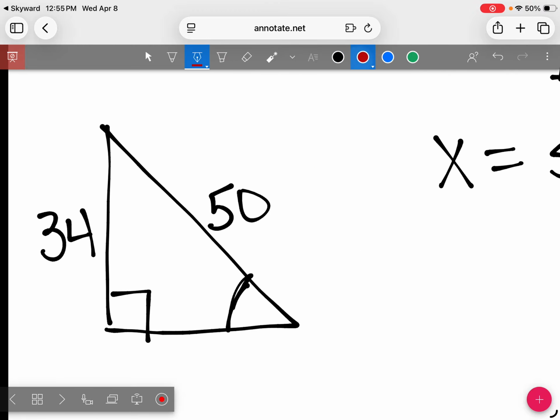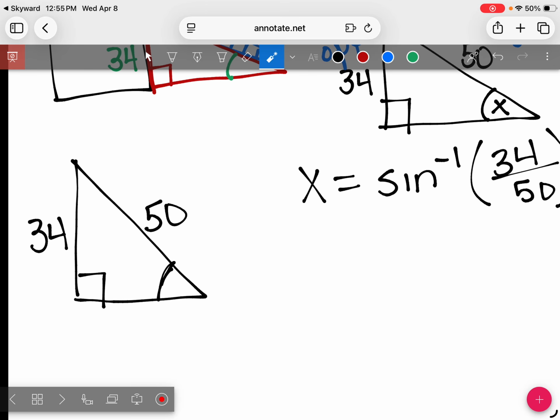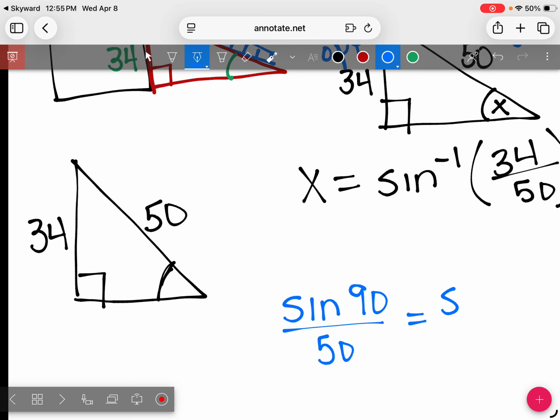I know this is 90 and I know this is 50. So you could also do the law of sines and set it up: sine of 90 over 50 equals the sine of x over 34. Personally, that looks like too much work. I would do the other one. But you get the same answer. The goal is to get there. You can take the highway, you can take the back roads, I don't care.